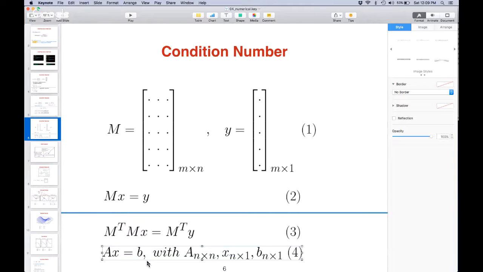But the matrix A has a particular intrinsic coordinate system.